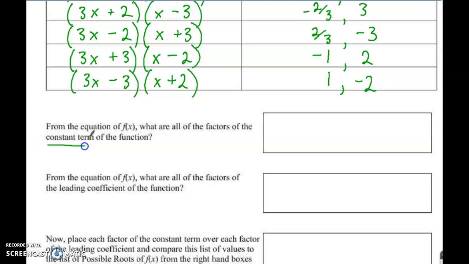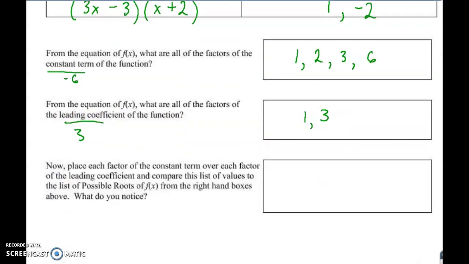So what are the factors of the constant term? 1, 2, 3, and 6. By the way, the constant is the plus 6 in the problem, or is it minus 6? It doesn't matter. And then the leading coefficient, which was 3 in the problem, has factors 1 and 3.